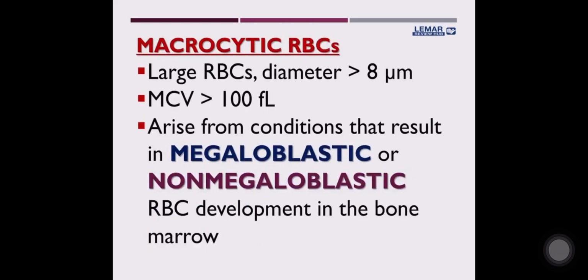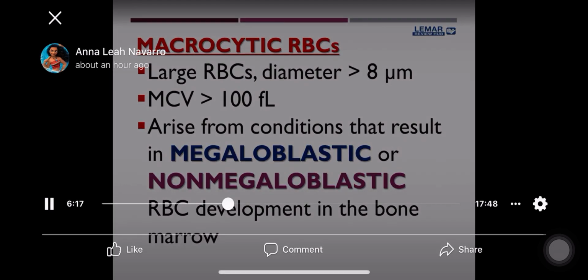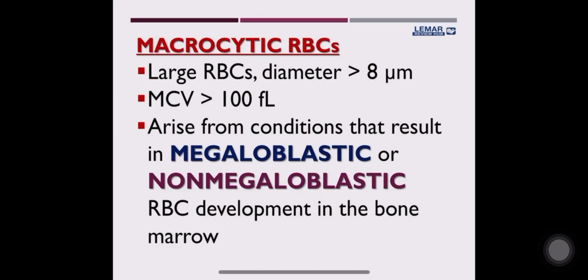Macrocytic RBC, these are large RBC with diameters greater than 8 micrometer or an MCV value greater than 100 femtoliter. Macrocytic RBC can be seen in megaloblastic or in non-megaloblastic RBC development in the bone marrow.